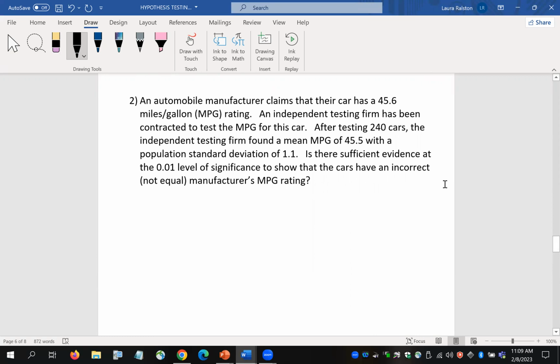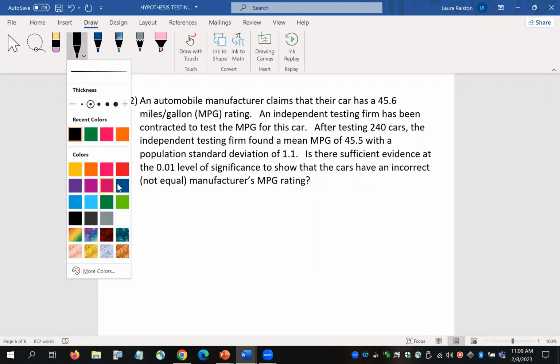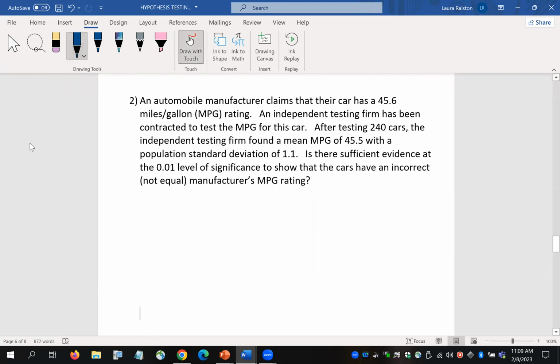Okay, so again, the first decision, at least at this point, that you're going to have to make is which test are you going to conduct? And again, you're deciding between a 1 mean Z and a 1 mean T. The difference between those two is whether or not you know the population standard deviation.